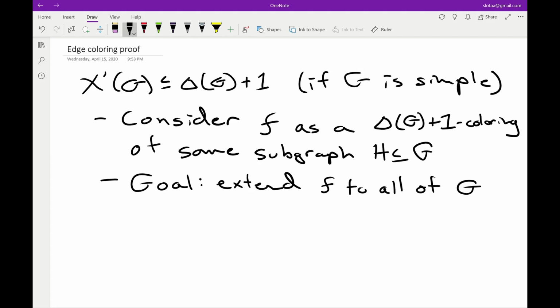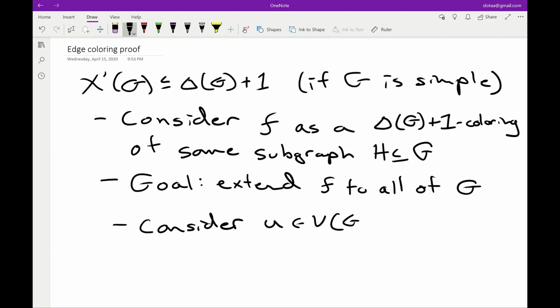We're going to set this up by considering one single edge and going from there. Some vertex U is going to be the primary vertex we consider.